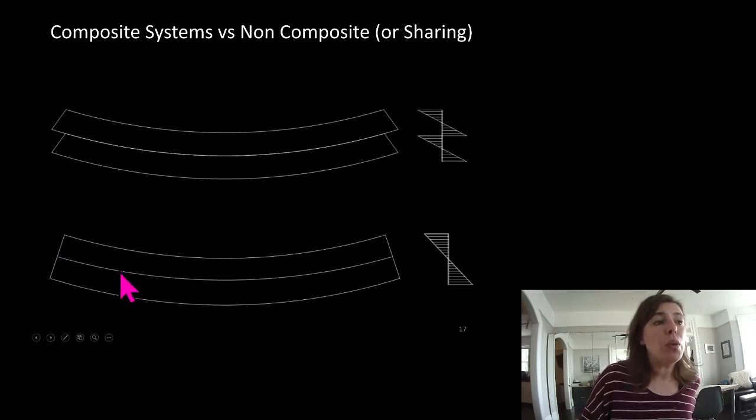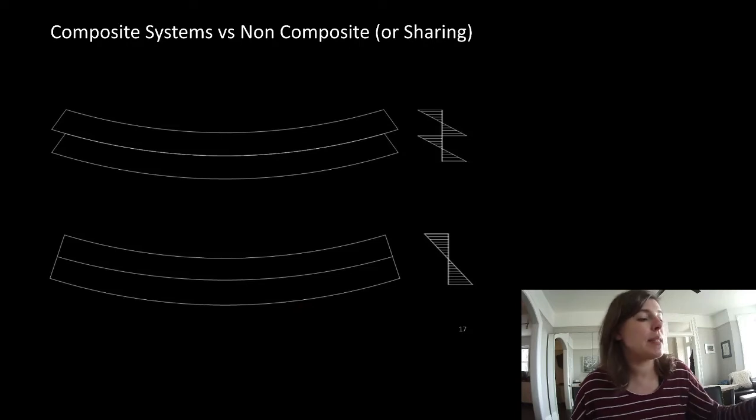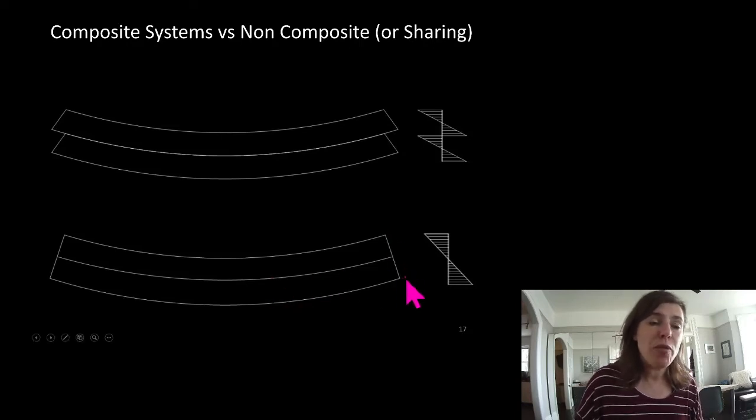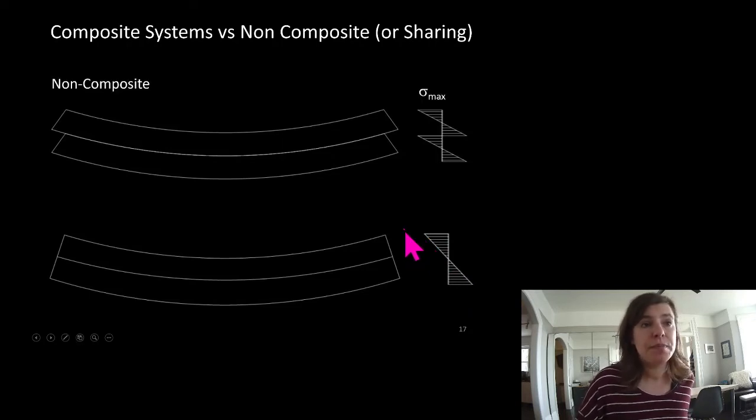But if we glue them together, it's more than twice as strong, and we're going to show that it has more than twice as much capacity. You can see that we've prevented this line from slipping here. Here we have two stress profiles where we're going to hit our maximum stress at the extreme fibers pretty quickly. Here we have a further distance to get to the maximum stress profile that we can have based on the maximum capacity of that wood material.